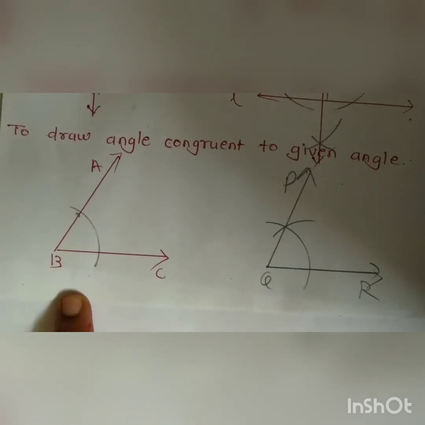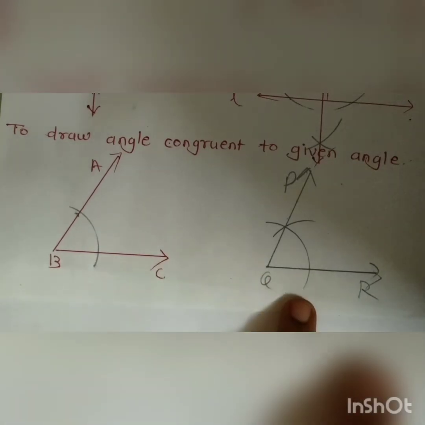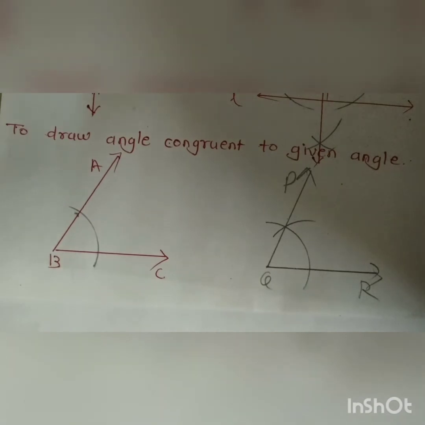We construct an angle congruent to the given angle without measuring it, and this construction is useful when we construct similar triangles in standard 10.